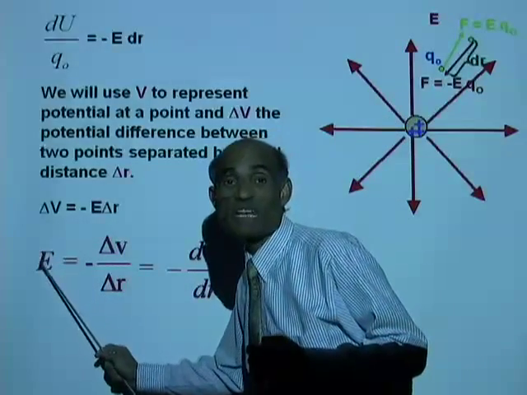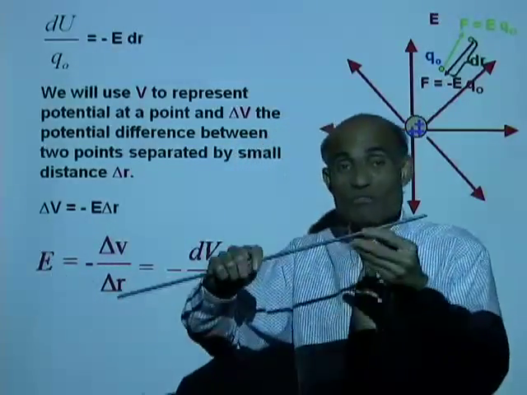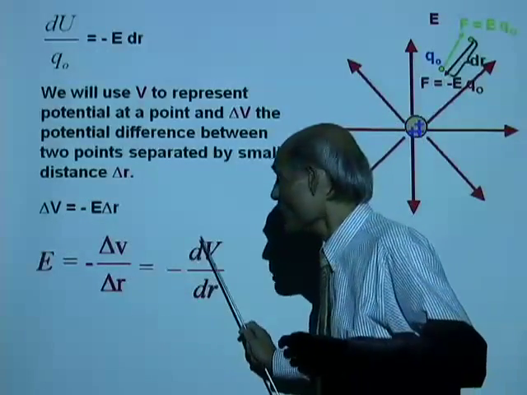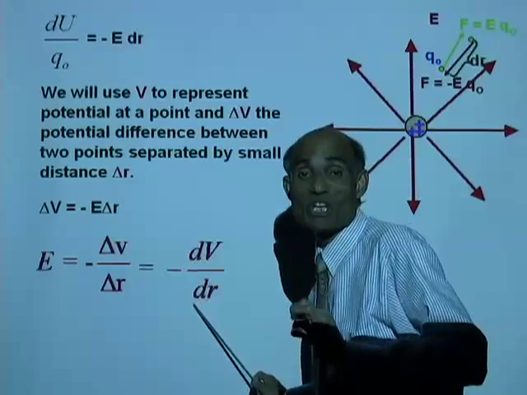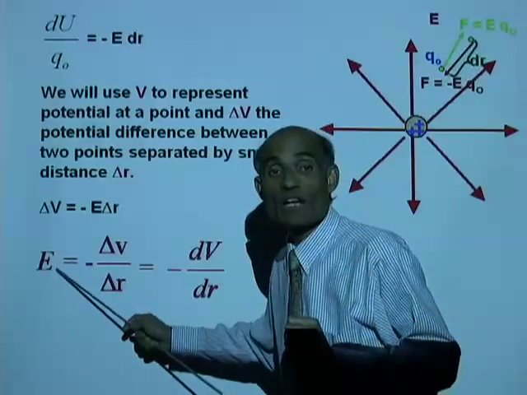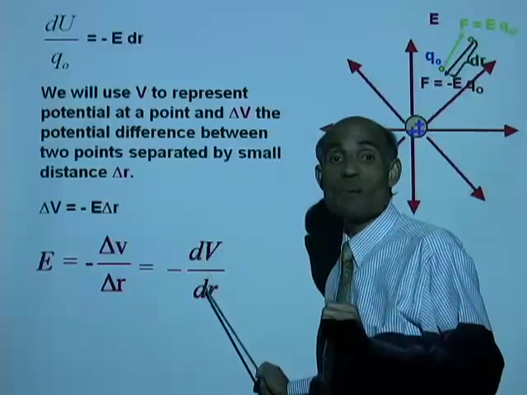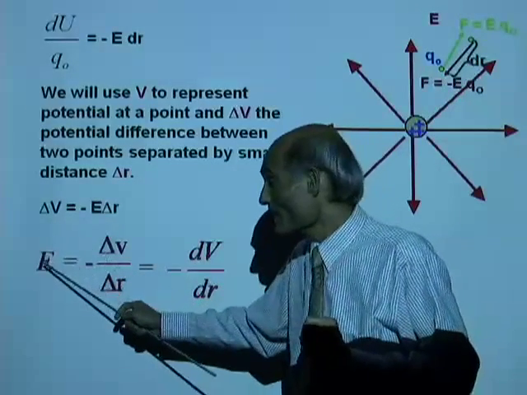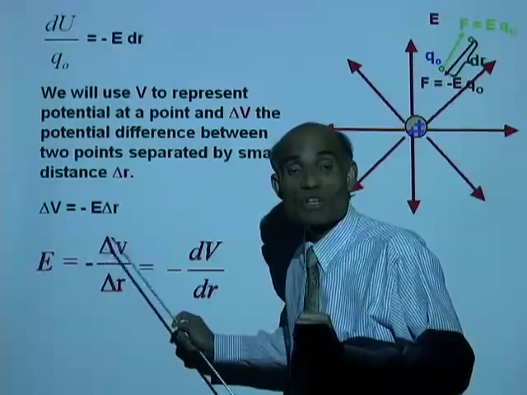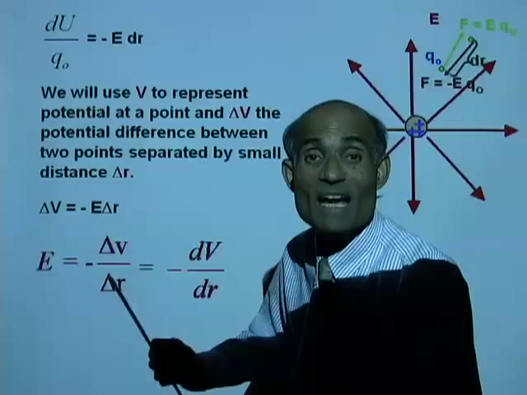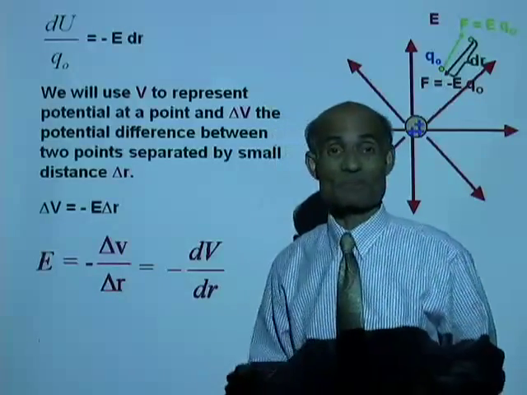If I use E sub x, electric field in the x direction will be negative of dV by dx. Electric field in the y direction will be negative of dV by dy. Electric field in the z direction will be negative dV by dz, and so on.